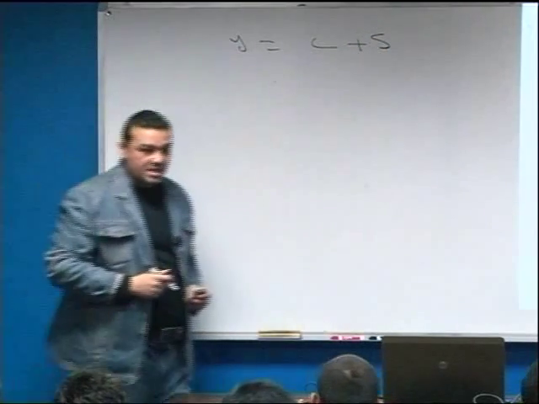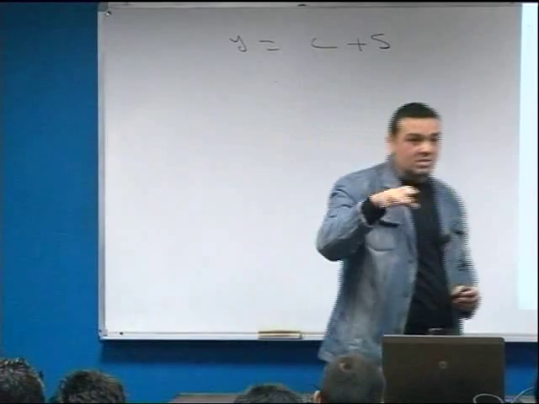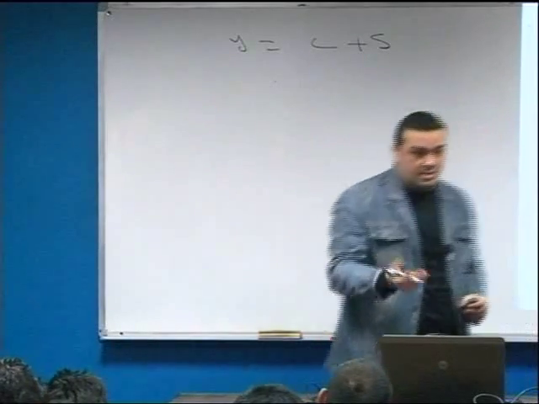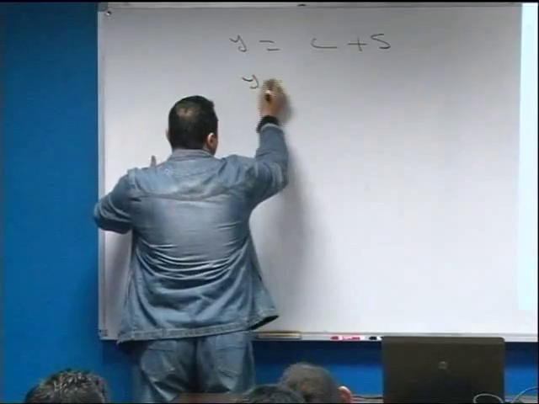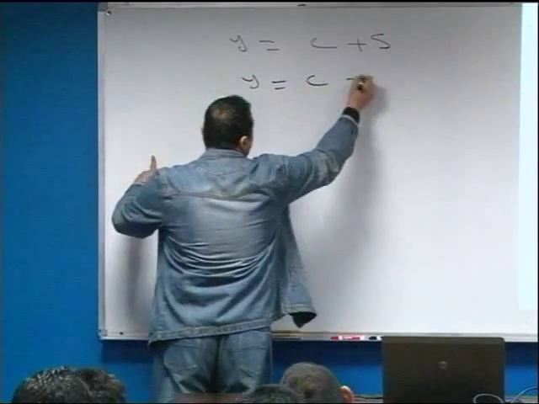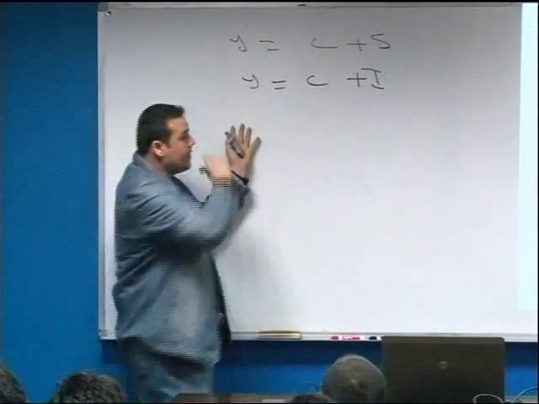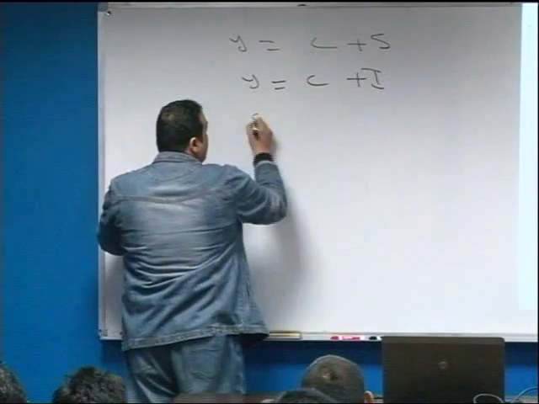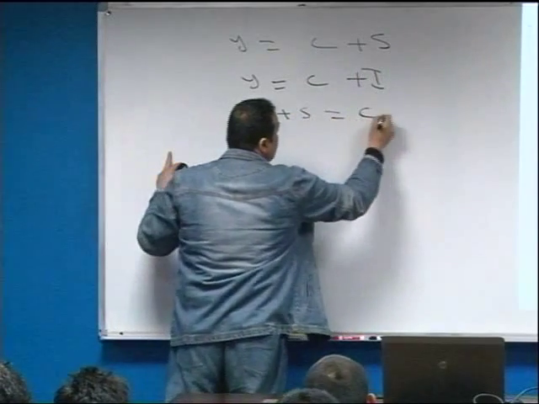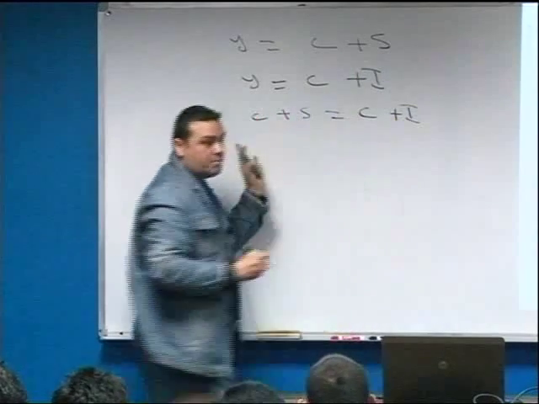Okay, as you know, for the household, Y equals C plus S. And for the business sector, if we work under a closed economy with no government, at equilibrium Y equals C plus I. If we have the same Y, then C plus S equals C plus I at equilibrium.